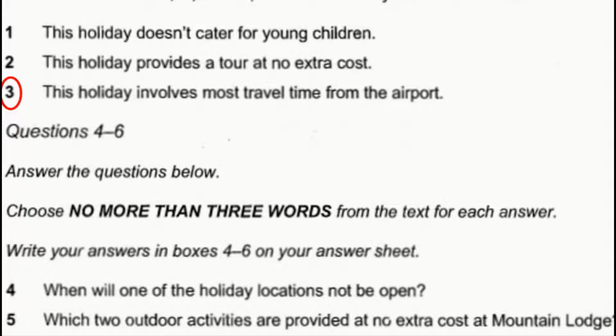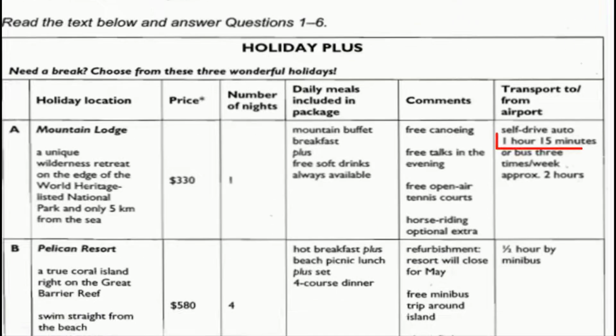For question 3, this holiday involves most travel time from the airports. We have to compare the travel time from the airports. C has 10 minutes by taxi. B, half an hour or 30 minutes by minibus. But for A, you have 1 hour 15 minutes by self-drive or 2 hours by the bus.